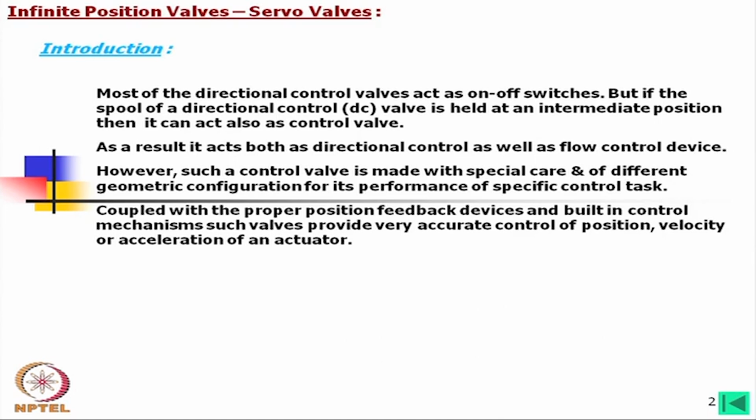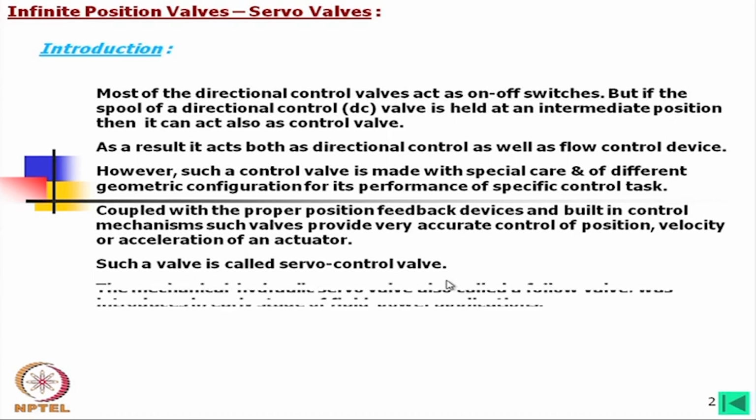Now, the servo control term, as you know, basically means feedback control of position and velocity. So, this is an introduction to the servo valve. Such a valve is called a servo control valve.